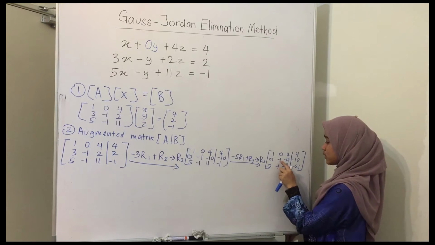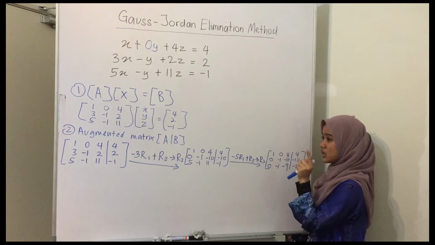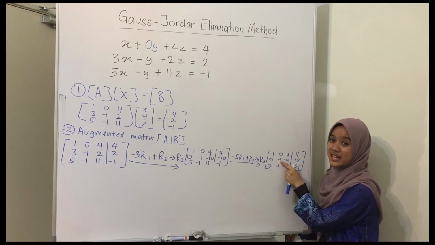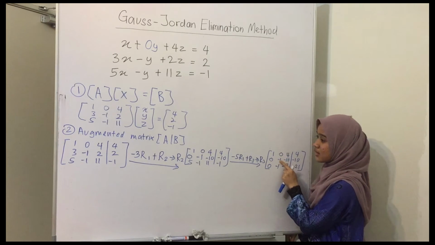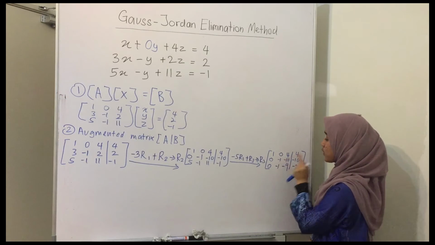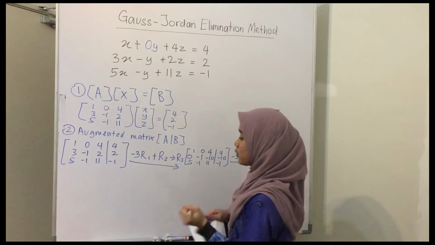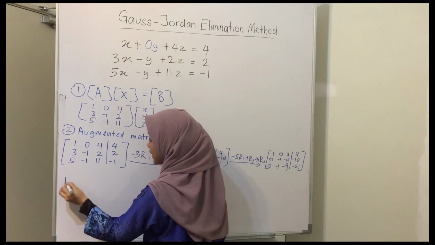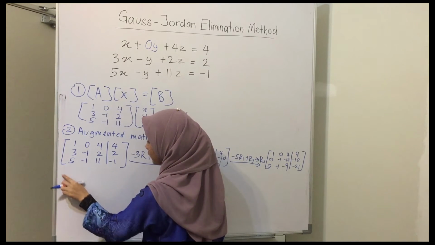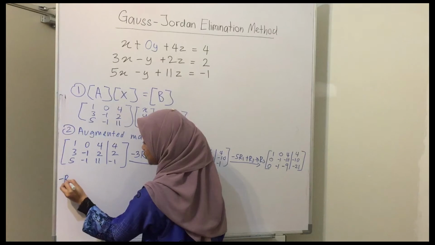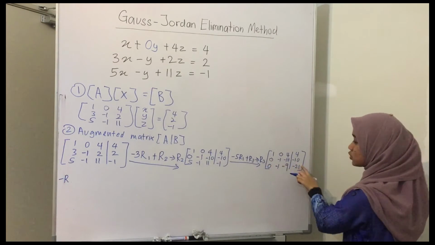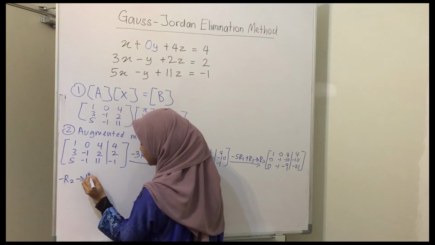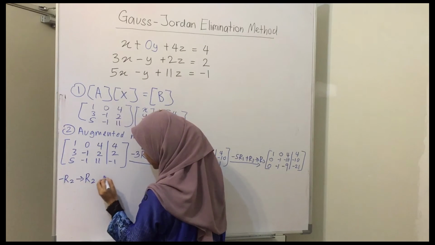Alright, so here this is -1, so the leading entry of each row must be 1. So this is -1, so we must make it 1. So how? We use the operation multiply. So negative R2, okay, this is row 2. So negative R2 will be the new row 2.